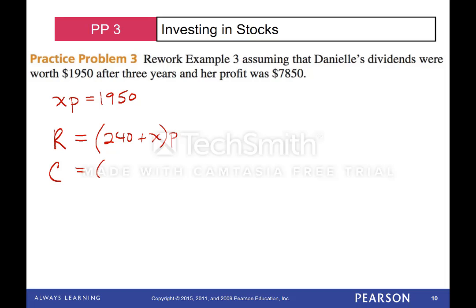So she bought 240 pieces of stock at $40 a share, plus she paid a broker fee of $100. That's where the $9,700 comes from. All right, and what do we know? We know that revenue minus cost would finally be your profit.